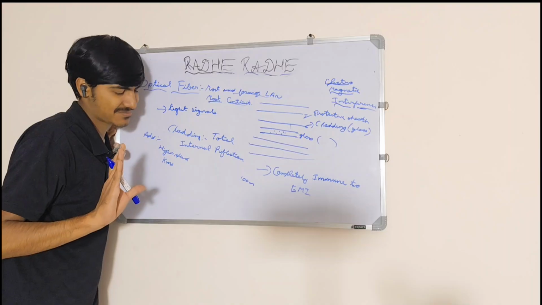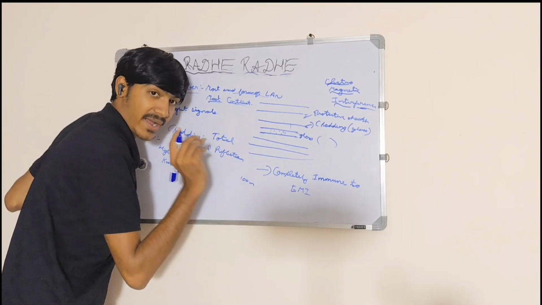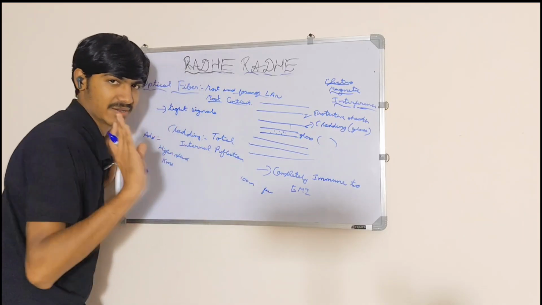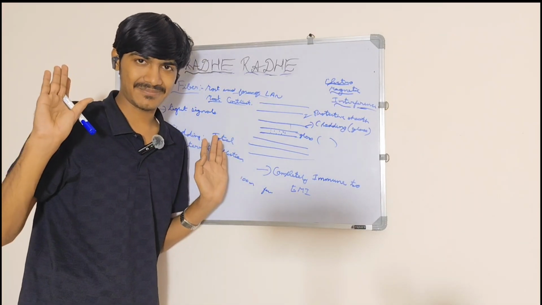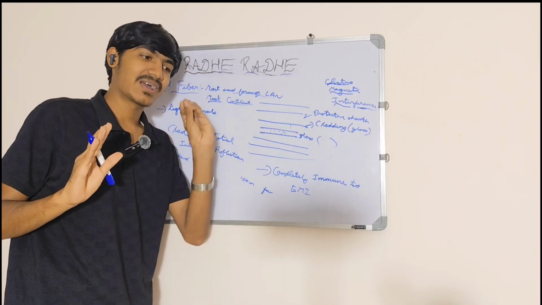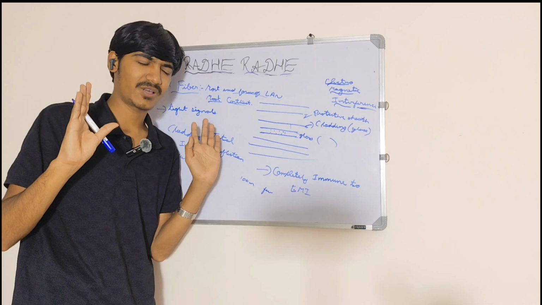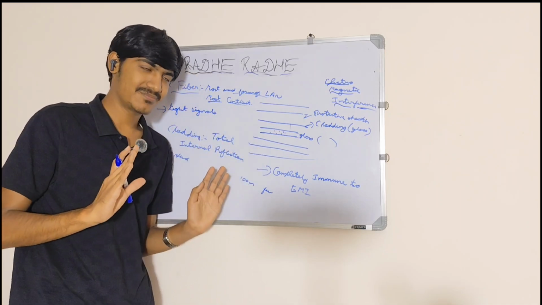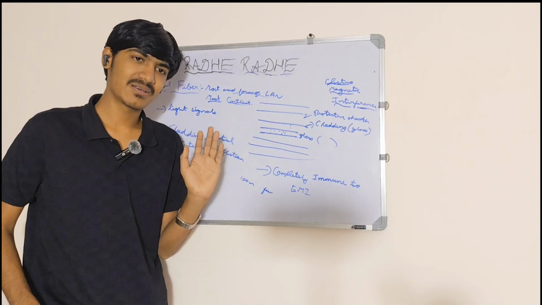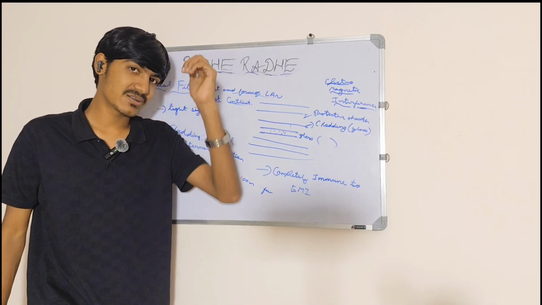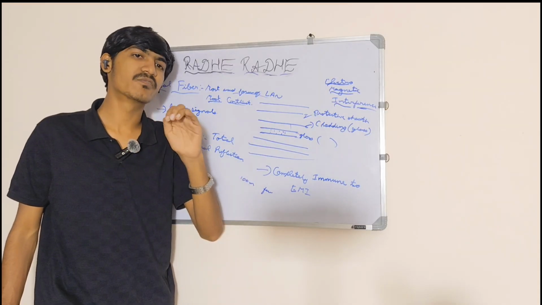Coaxial, a few hundred meters. Optical fibers, kilometers. For EMI, in UTP EMI is high, in coaxial low, in optical fiber completely immune. Bandwidth is low in UTP, medium in coaxial, very high in optical fiber.